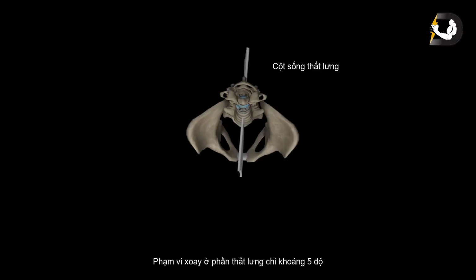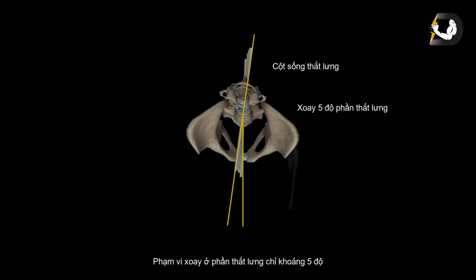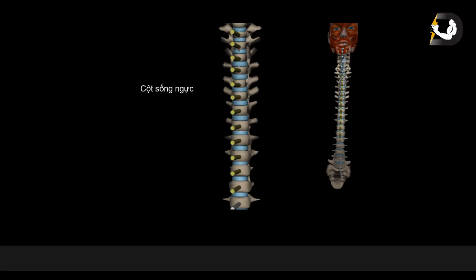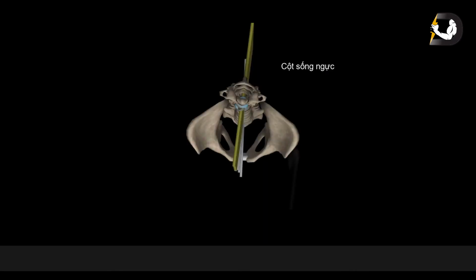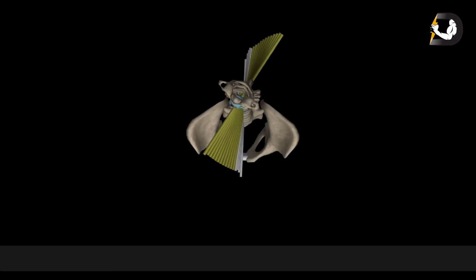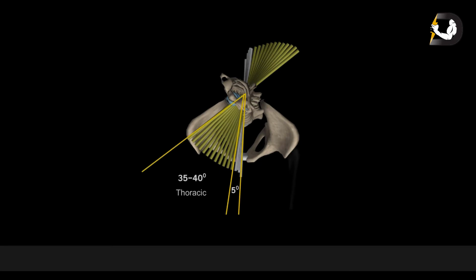This is how it looks from top view. The thoracic spine should be 35 to 40 degrees.